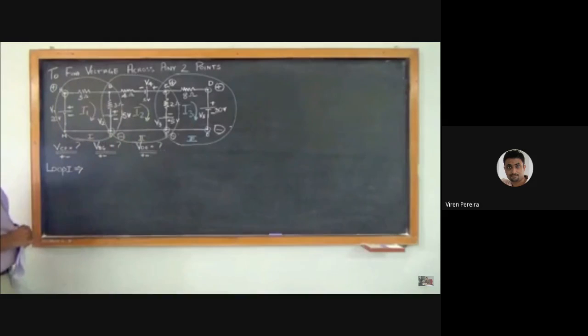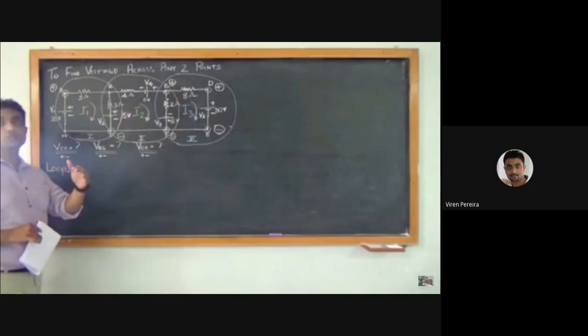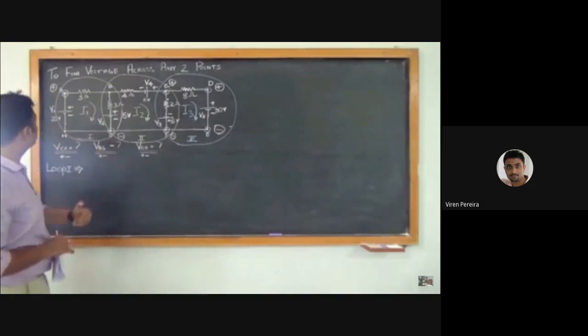So now, if we want to find out the equation in loop 1, using KVL in loop 1. KVL states that the sum of voltage sources in a loop is equal to the sum of voltage drops in that same loop.